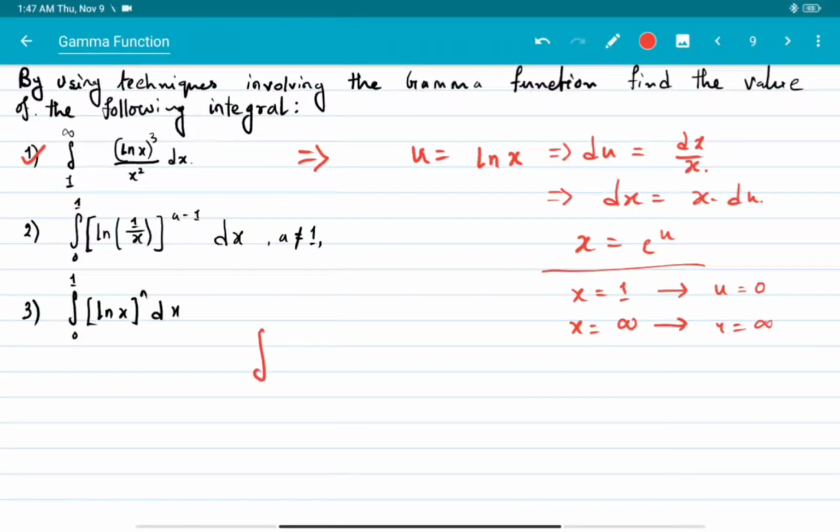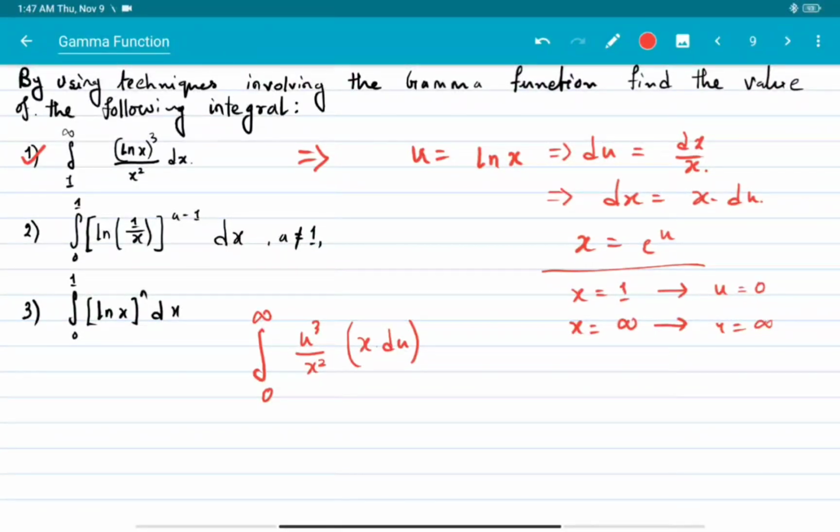So the integral from 0 to infinity, and this is u cubed over x squared, and this is x times du.